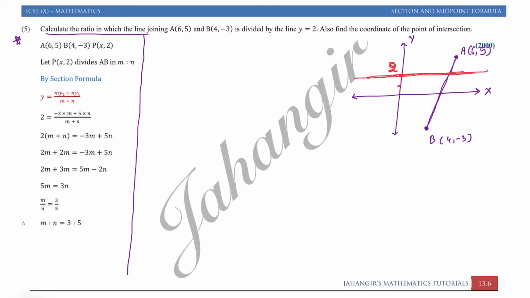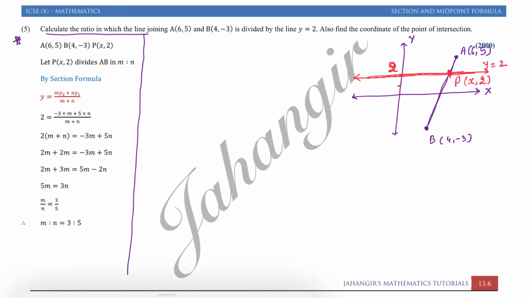The line divides AB at, let's say, P, whose x coordinate I don't know and y coordinate is obviously 2 because it's intersecting the y equal to 2 line.